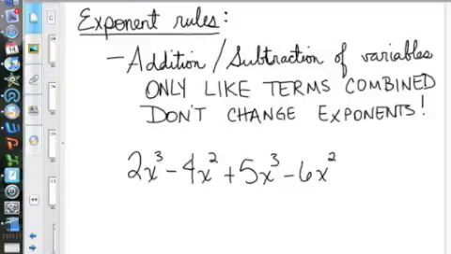And what we add is simply the coefficient. In this example, you have 2x cubed minus 4x squared plus 5x cubed minus 6x squared. What's the answer?